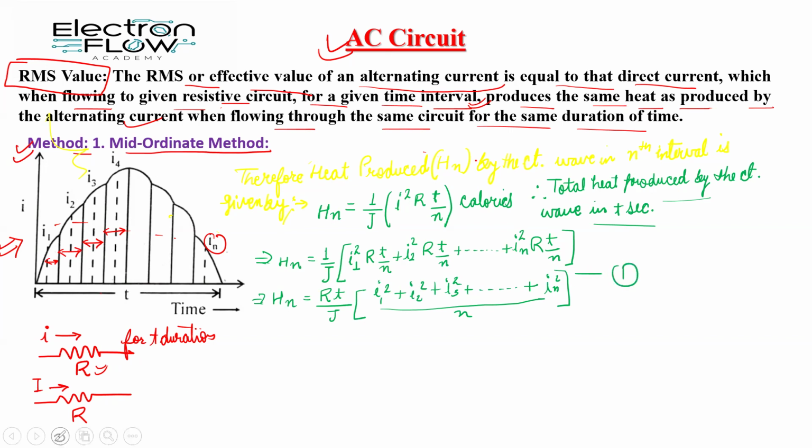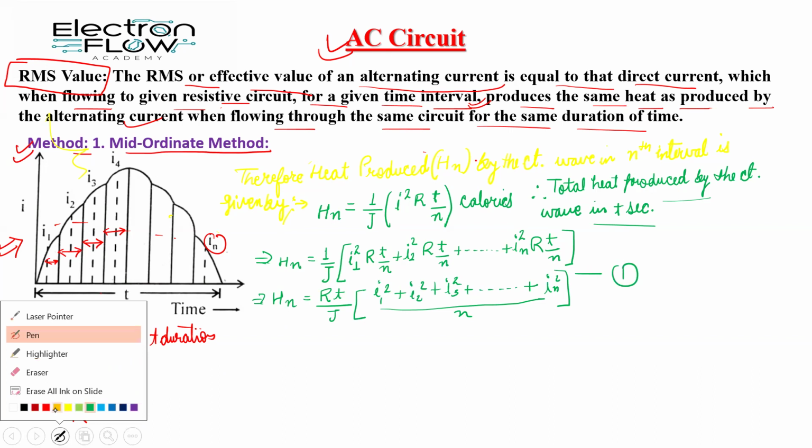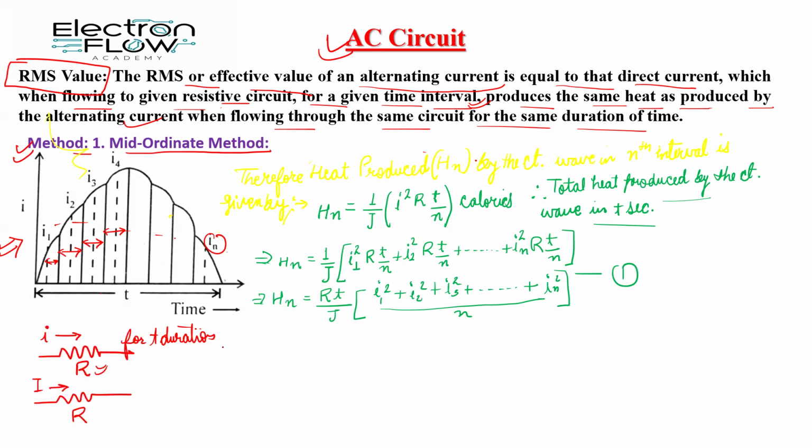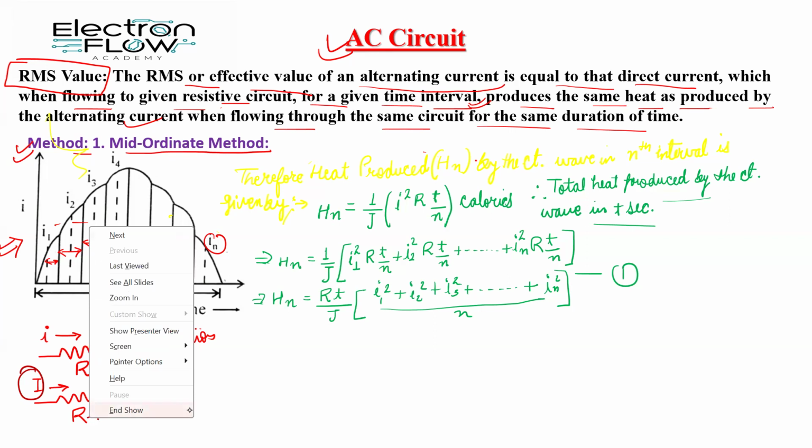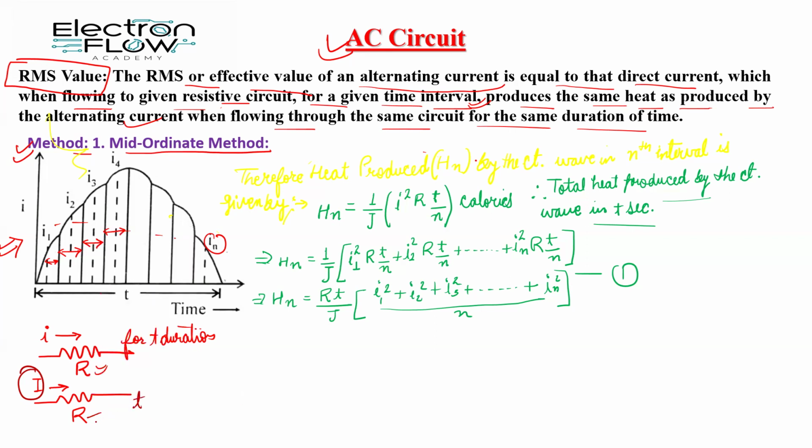Next, let capital I be the DC current which produces the same heat in the same resistance R during the same time interval.